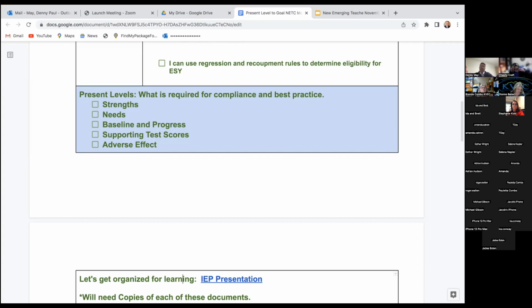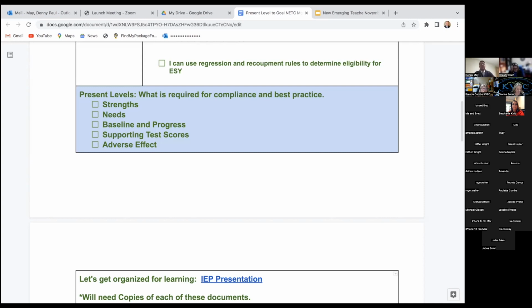The purpose of the IEP is very, very straightforward. It's to close gaps in academics, and it's also for functional performance and adaptive performance. And then there's some behavior element to the IEP. So when you're thinking about strengths, needs, baseline and progress, supporting test scores, and adverse effect, those are the big pieces that go in there.